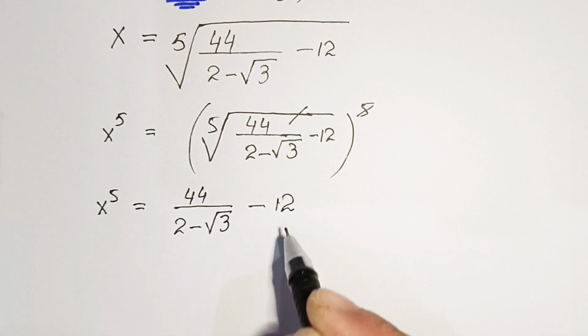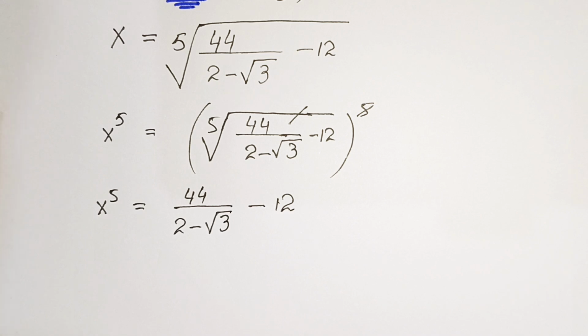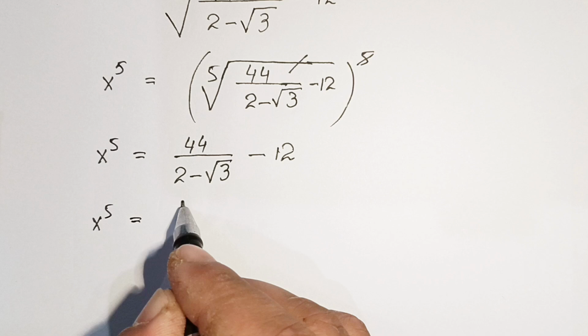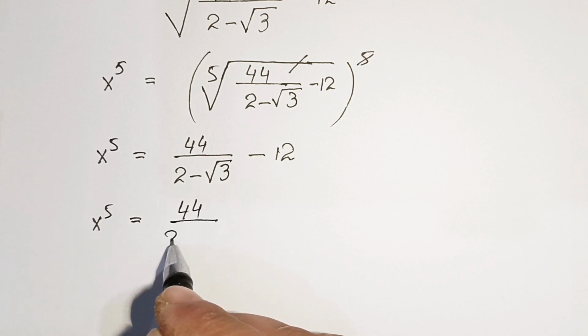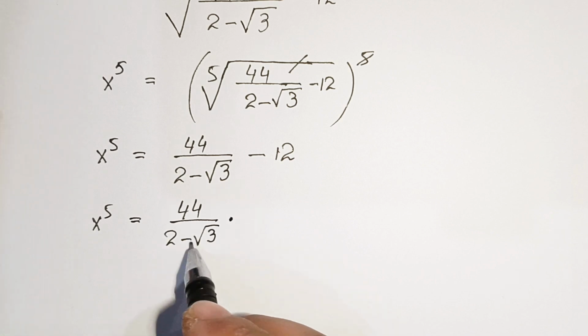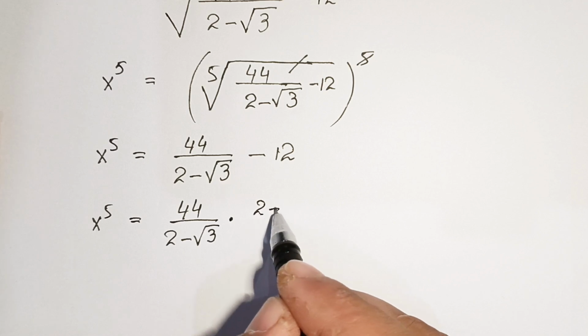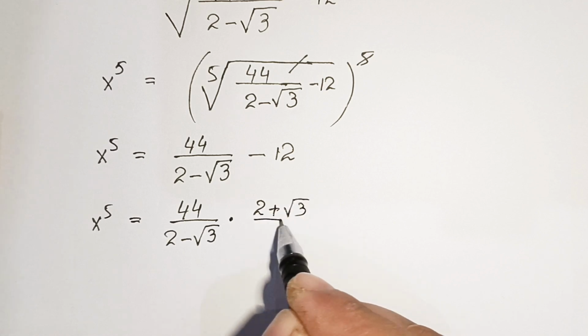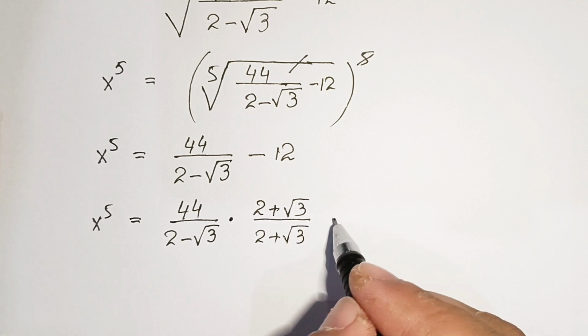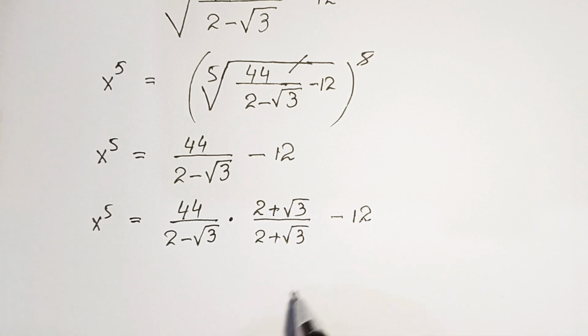minus 12. So here we have x to the power 5 is equal to 44 over 2 minus square root of 3, and here if we just multiply by the conjugate, 2 minus square root of 3 will be 2 plus square root of 3 over 2 plus square root of 3, and minus 12.